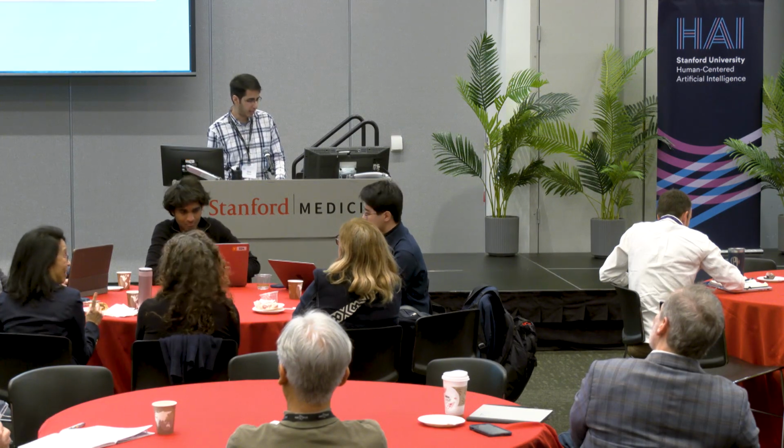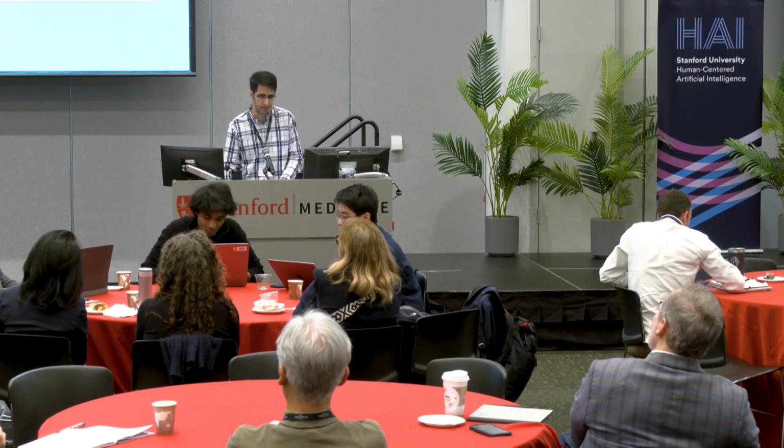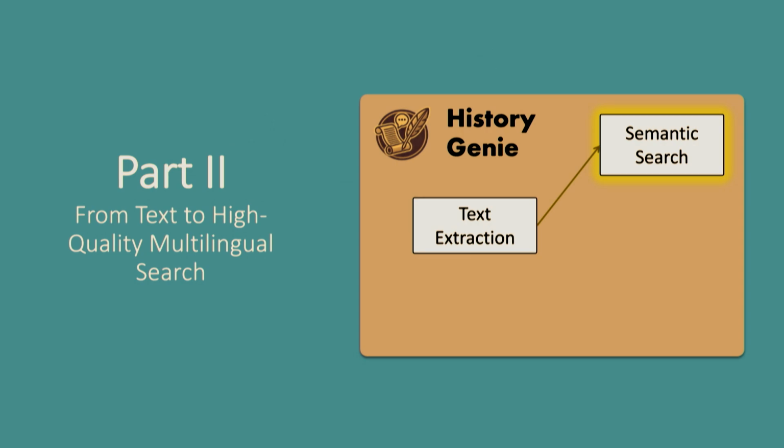So now that we have extracted accurate text, hopefully the global order is correct and the words are much better than commercial systems at the word level as well. We want to make it possible for people to search through this corpus and also enable RAG applications and chat applications that rely on search.